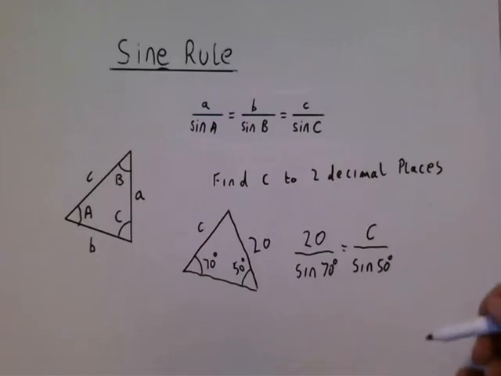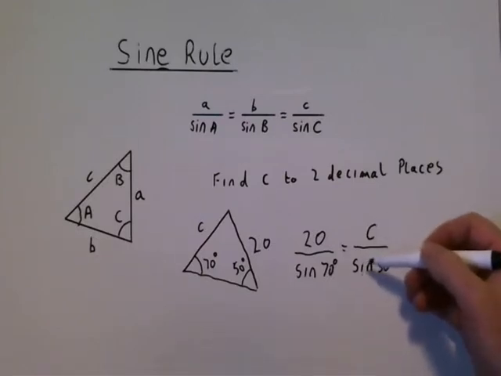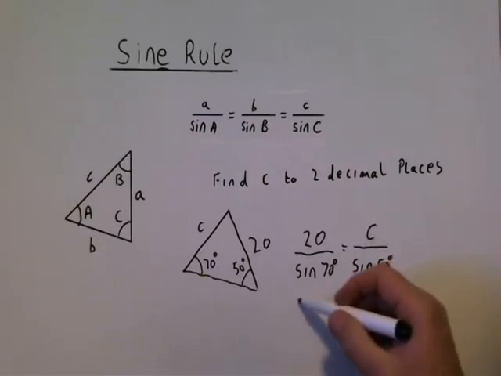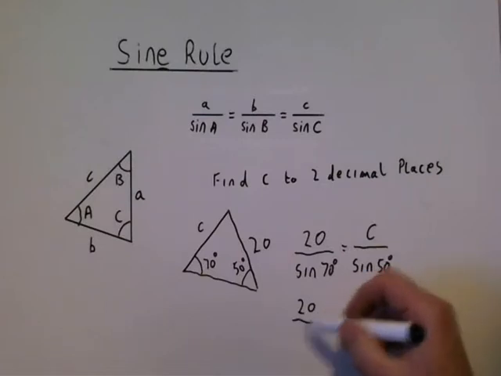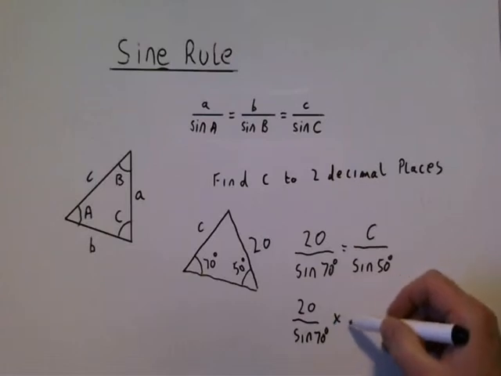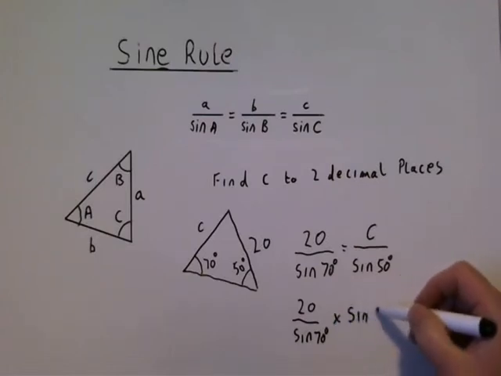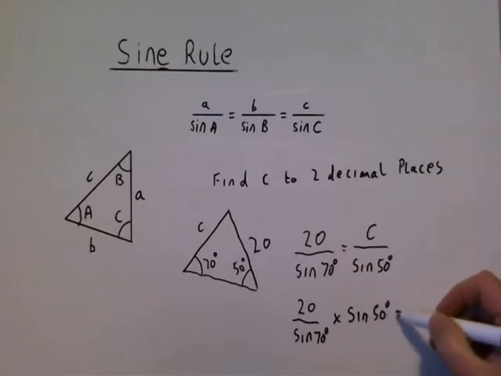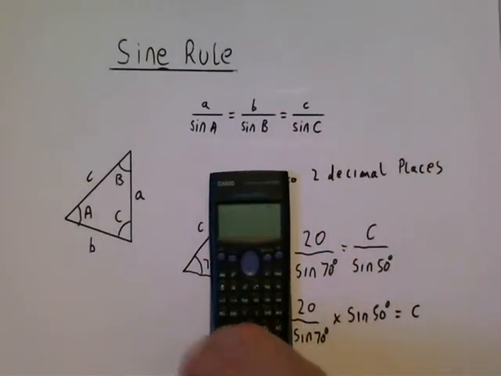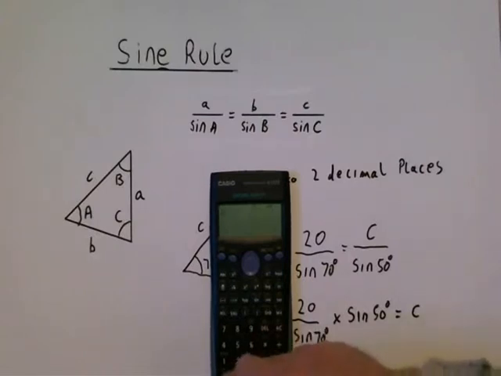And just like before, to get this c on its own, we've got to multiply both sides by sine 50, so that bit will cancel. So we're left with 20 over sine 70 degrees times by sine 50 degrees, and that equals c. So again, we need the calculator. 20 divided by the sine of 70.